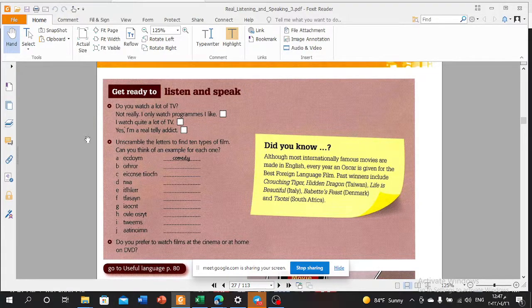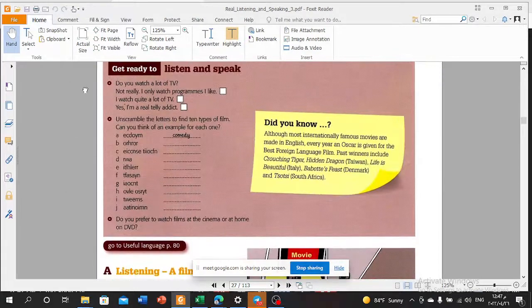Here in the Get Ready To section of Unit 5, there are certain categories of movies and films. As we said earlier in our previous lecture, you have to know at least 5 categories of movies.